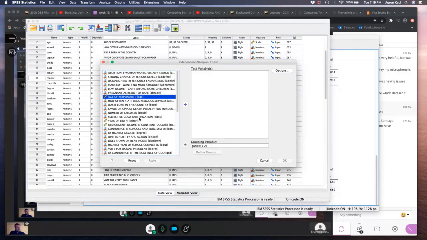Another way to ask this question is to test the hypothesis whether rich or poor, in these rough terms, favor gun permits more.